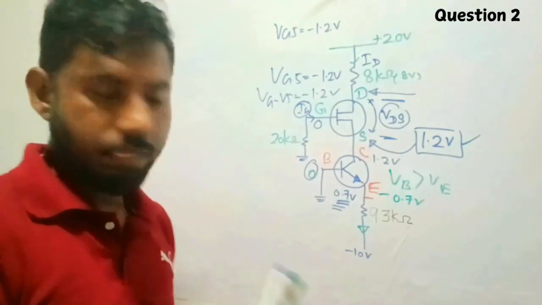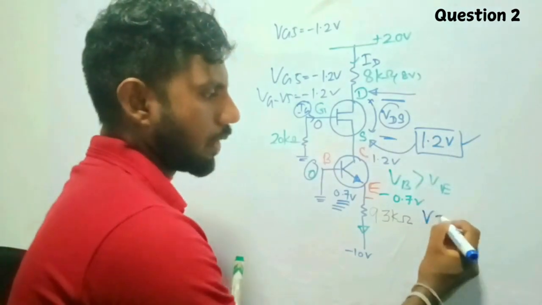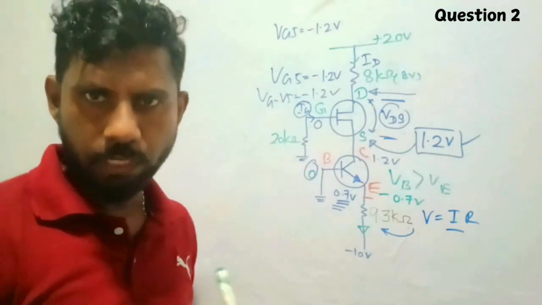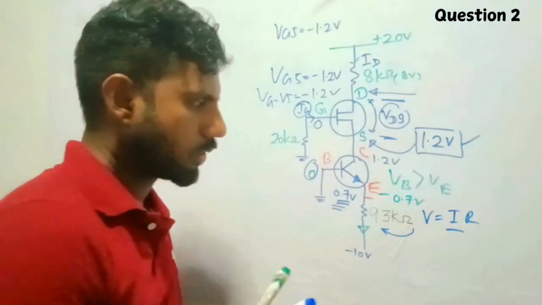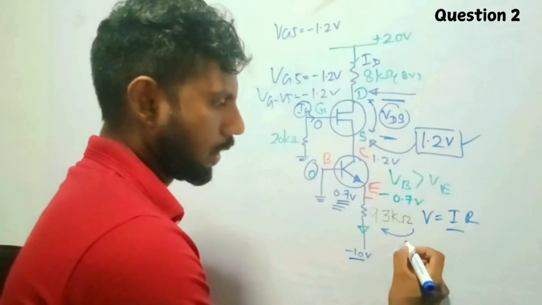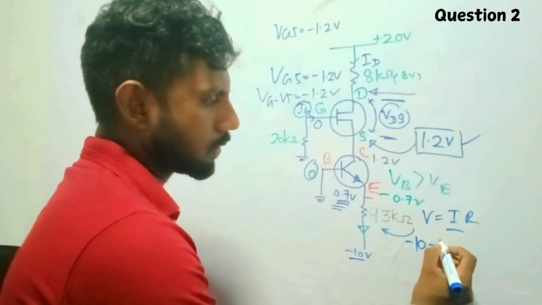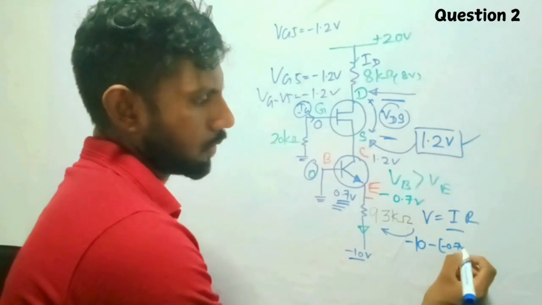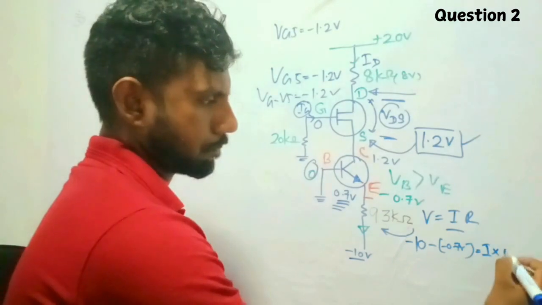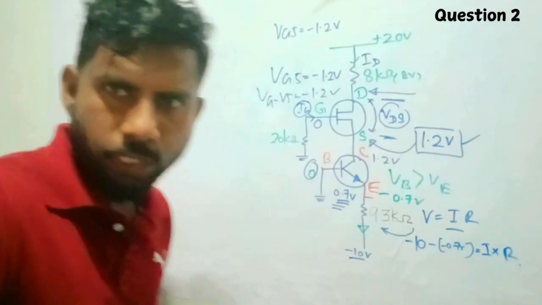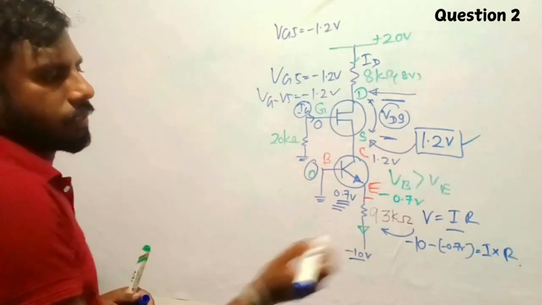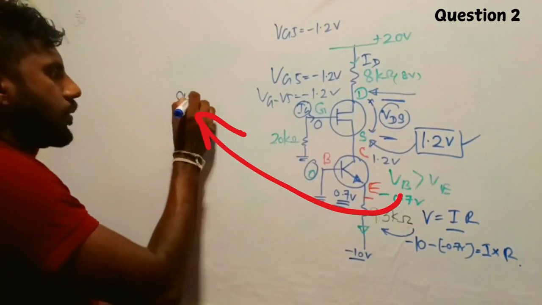Let's find the IE current. Let's apply V equals IR here. The potential difference across the 9.3 kilo ohms resistor is minus 10 minus 0.7 volt, equals IR. So I'll write the values here on this side: minus 10 minus 0.7 is 9.3.